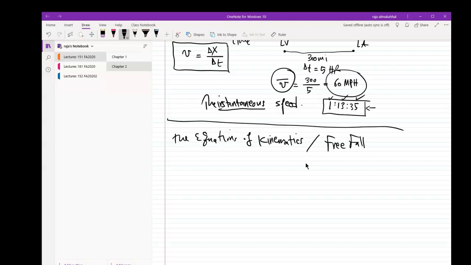Now, when we say the word kinematics here, it's basically the study of motion without asking what caused the motion. What causes the motion is a force, right? But without worrying about that, basically we are looking at the motion of an object and asking the question, for example, what would be the position of the object after, say, 5 seconds? Or let's say the object is speeding up.